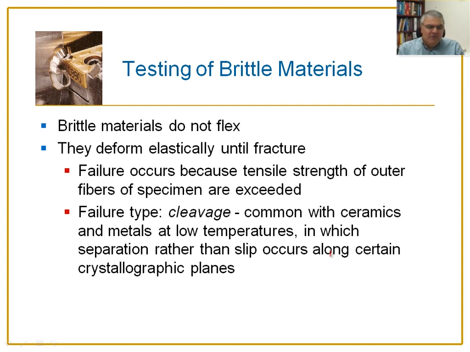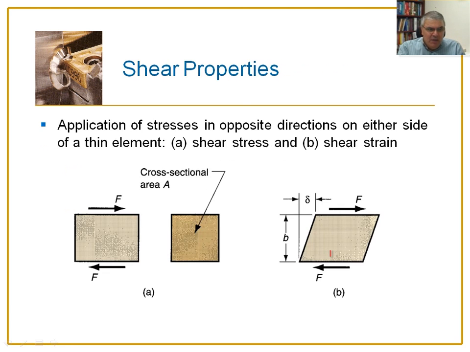We call them crystallographic planes. Again, if you're interested, you need to read more on this in your text. The failure type of cleavage is a very important failure type of brittle materials.